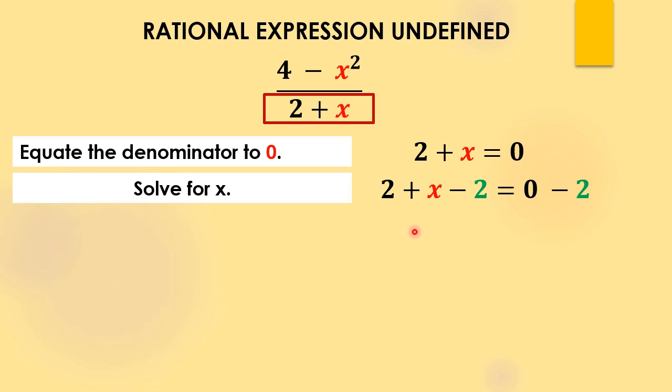To solve for x, subtract both sides of the equation by 2. This will cancel out 2 on the left side of our equation. This will isolate our x, and x is equal to negative 2. So 0 minus 2, that is minus 2 or negative 2.